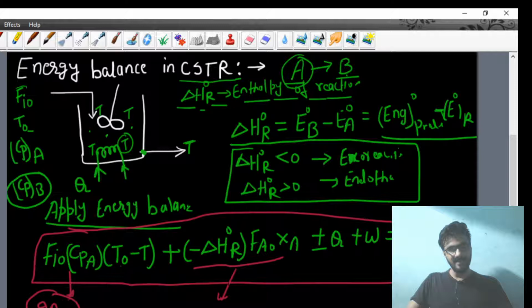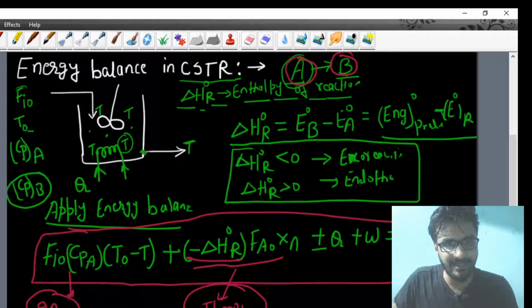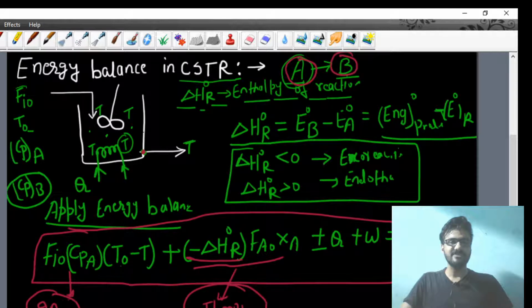Now, my dear student, I have not taken an outlet energy. You will think that some part of the reactant is going to leave at the outlet, because this is a continuous stirred tank reactor, so there must be continuous inlet and continuous outlet of the product. So why am I not taking the energy of the product? Because it is a continuous stirred tank reactor, and the process variables inside the reactor are the same as outside.